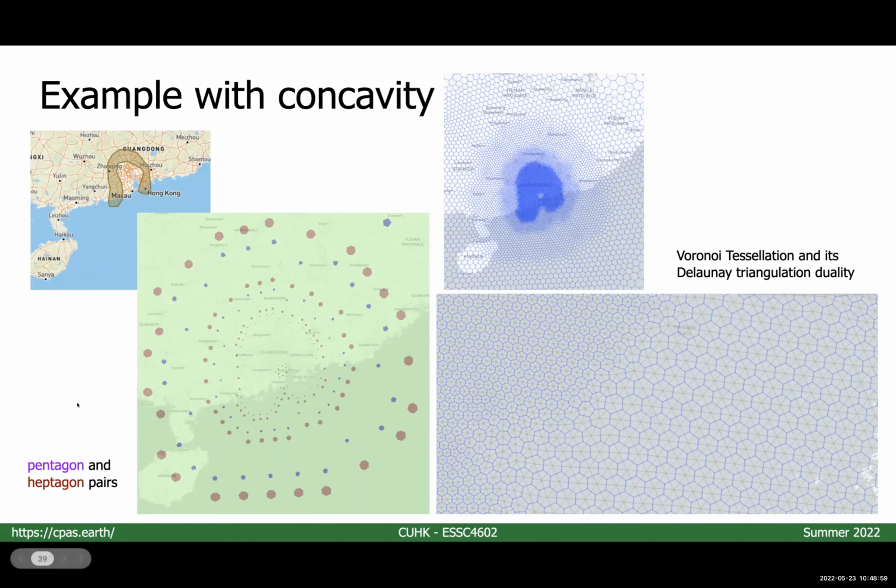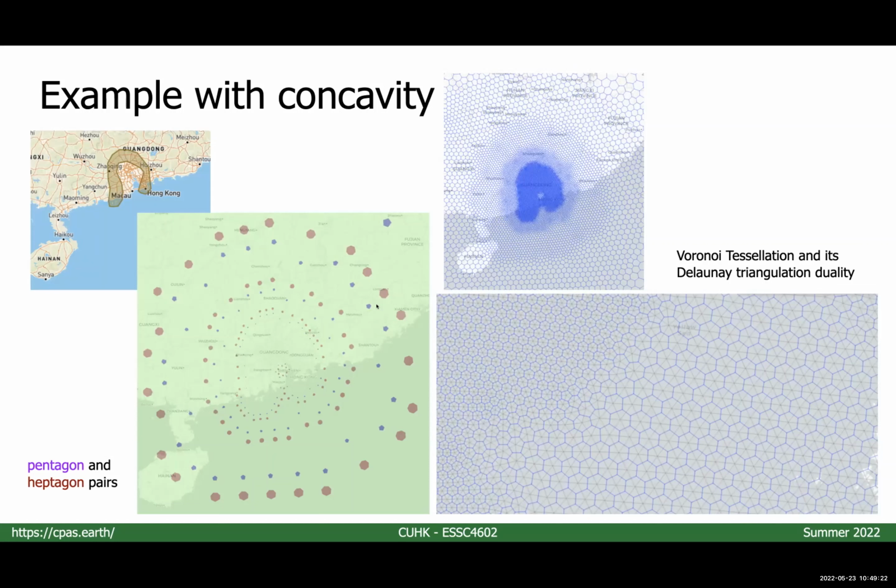And actually, this algorithm has a characteristic that for the transition to be there, there will be pairs of pentagons and heptagons. That means pentagons is 五角形, heptagons 七角形, 七邊形.